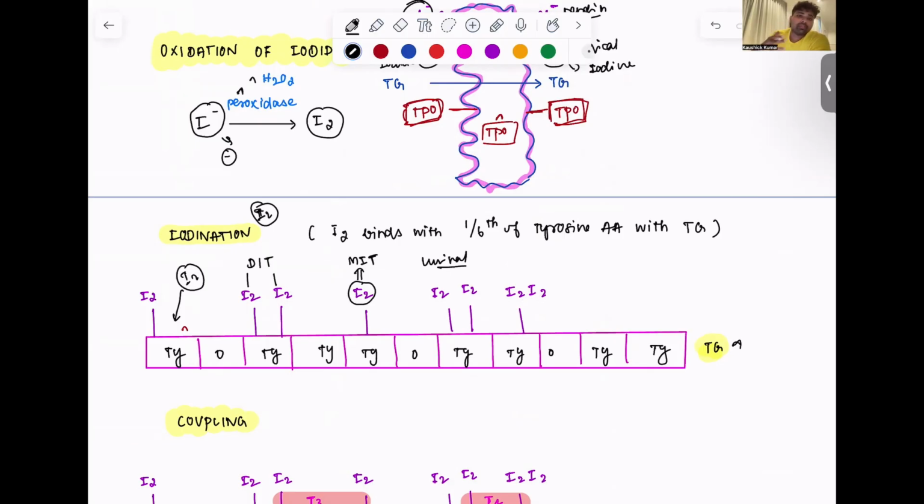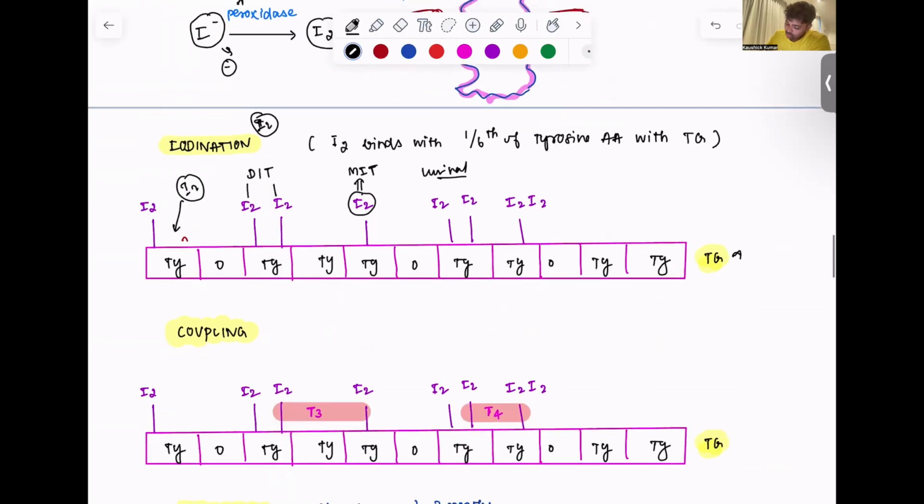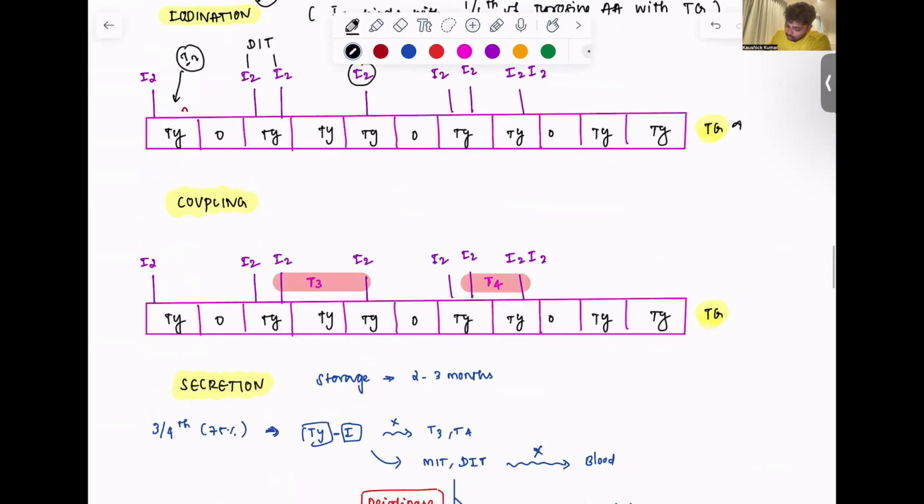The next step is called coupling. We have monoiodotyrosine here and diiodotyrosine here. When diiodotyrosine combines with monoiodotyrosine, it becomes T3, triiodothyronine. When one DIT couples with another DIT, it becomes T4, tetraiodothyronine.